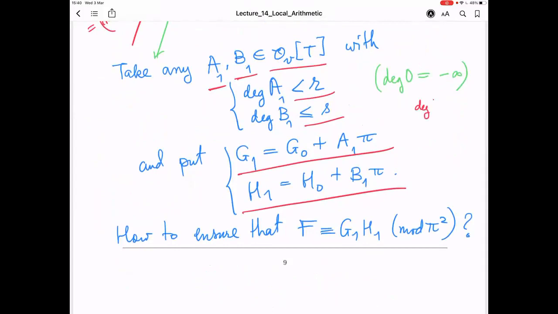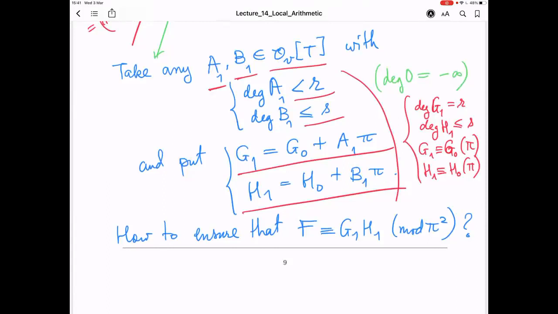The conditions are the degree of G1 should be equal to R, the degree of H1 should be less than S, G1 should be congruent to G0 modulo pi, H1 should be congruent to H0 modulo pi. And these things ensure these 4 conditions.